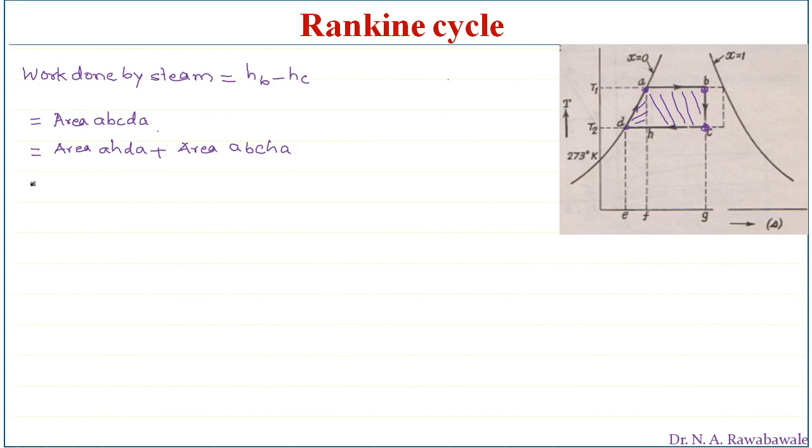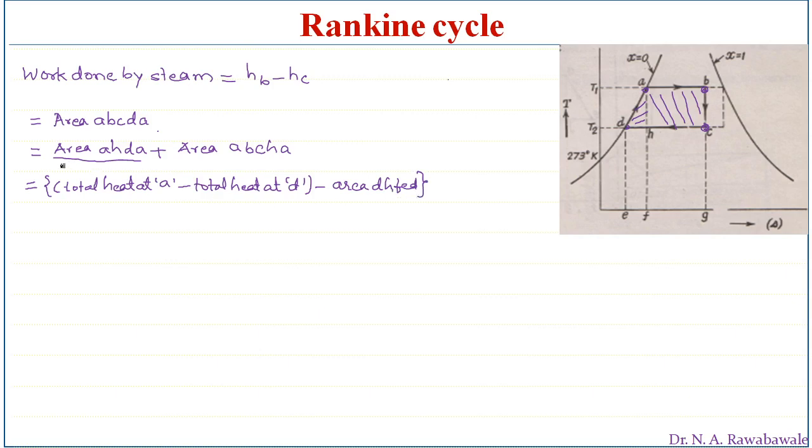Then we can write this equation as area AHDA, which can be written as total heat at point A minus total heat at B, minus area DHFED.